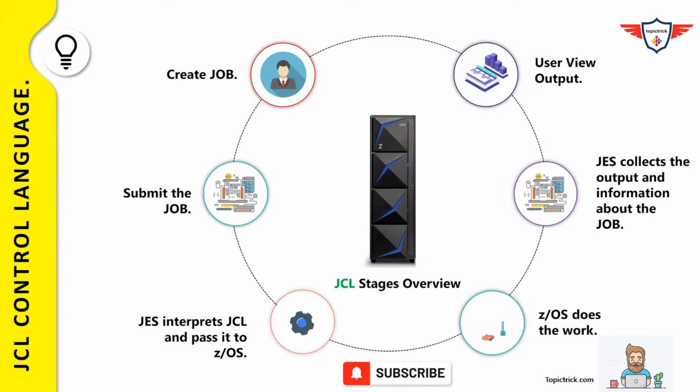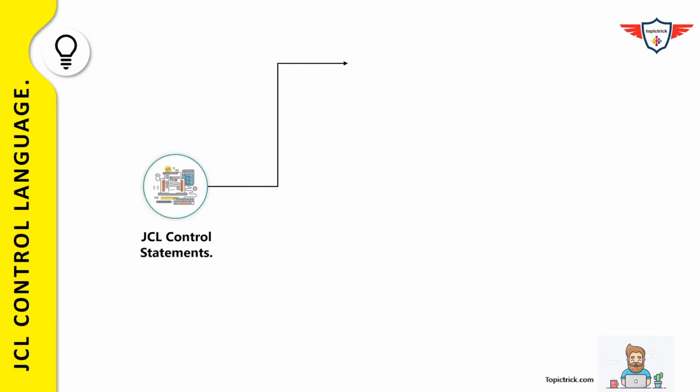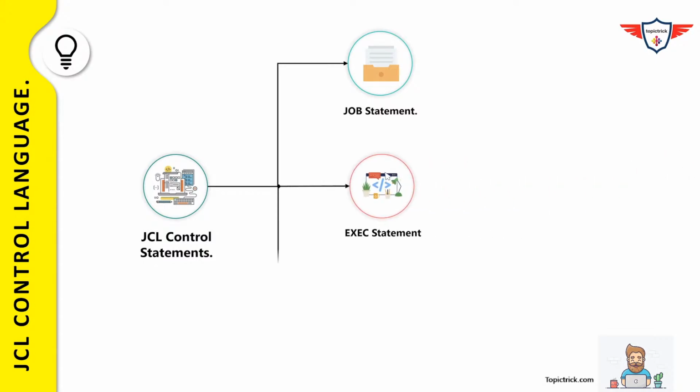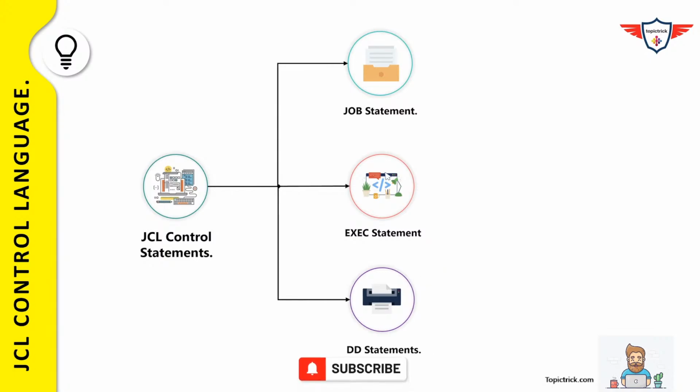Now let's talk about the job control statements. As you know, JCL is used to convey information to z/OS through a set of statements, and these statements are called job control statements. There are three kinds of job control statements. First one is the job statement. A job statement marks the beginning of a job, and it is used to provide the vital information related to your shop.